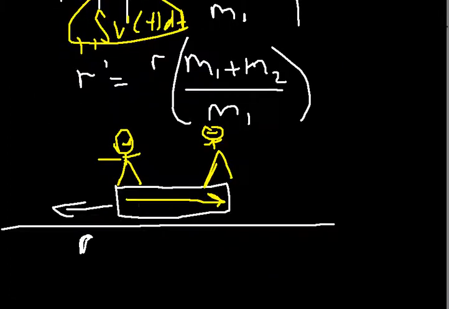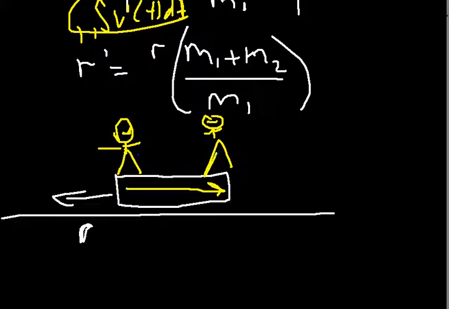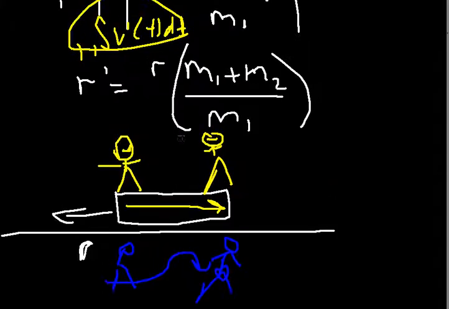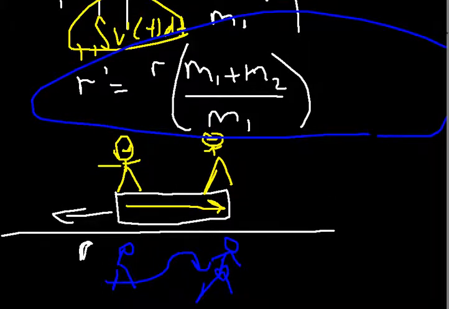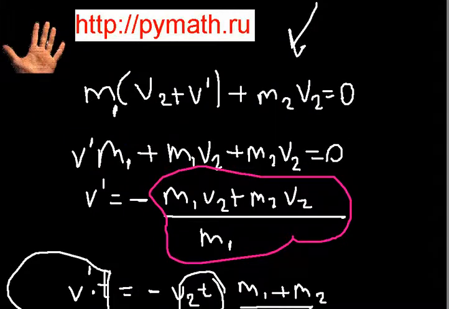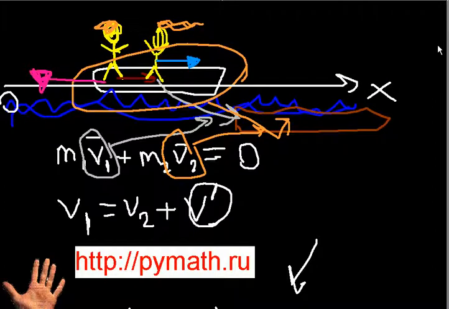And that's why this human can move slowly to this point, or he can jump to this point immediately. And all of these types of movement will lead to the same distance of boat displacement within this lake.